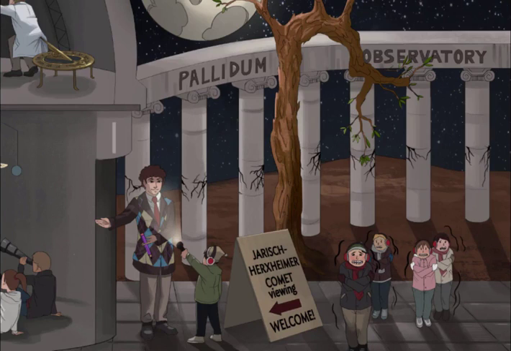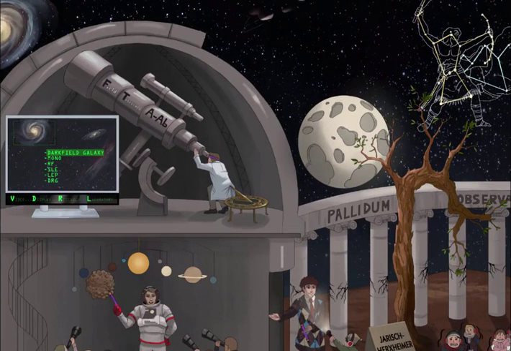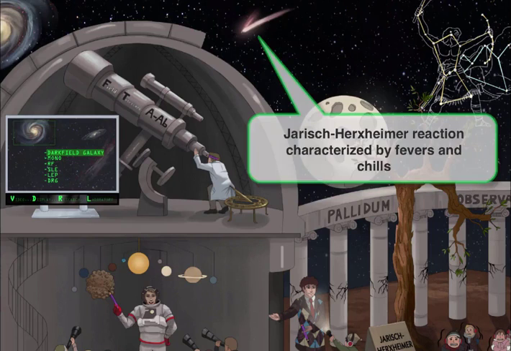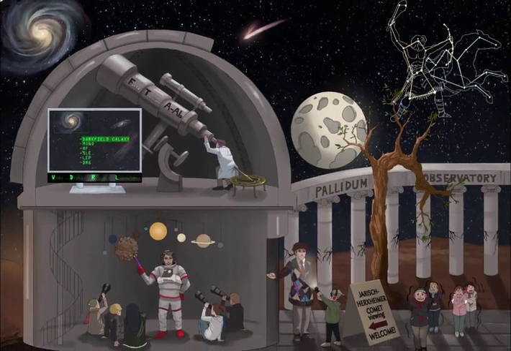And this leads to symptoms of fever, chills, and headache, which begins within hours of treatment. And it used to be a good indicator that the treatment was working. So to represent this, think of this giant ball of fire and ice flying through space, a comet. The fire and ice is to remind you of the fever and chills associated with this reaction. So that wraps up Treponema pallidum and the disease syphilis.